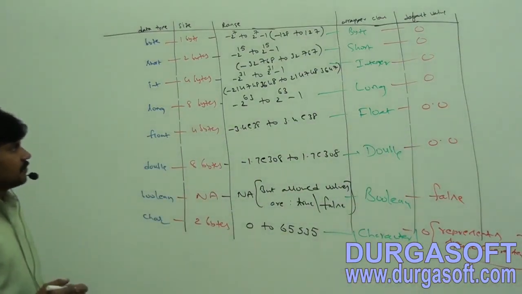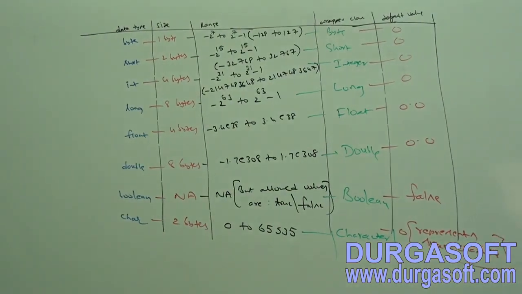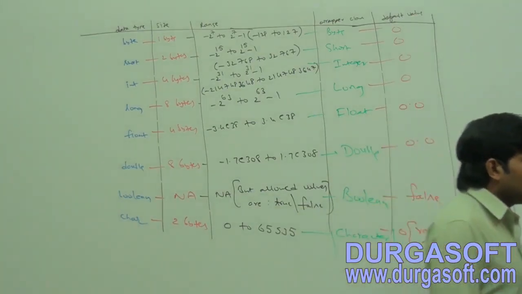That's all. Take this diagram: data type, size. Take this one. Completed, right?